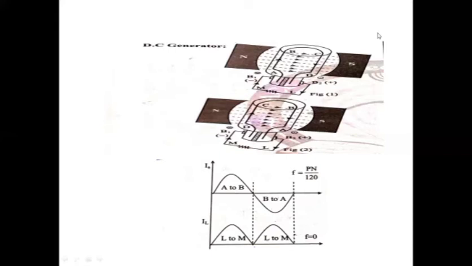Simply remember: slip ring and brushes will give you AC, and split ring and brushes will give you DC. That's what you should understand from here, and how we are getting AC and DC, because the polarity is changing. After one rotation, AB will come to the South Pole, so the direction is changing, right? Okay.